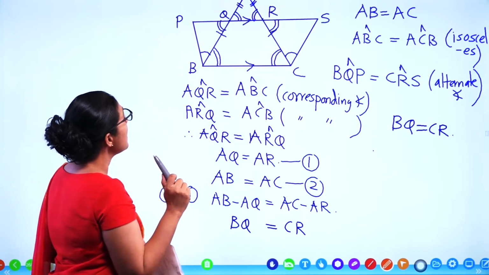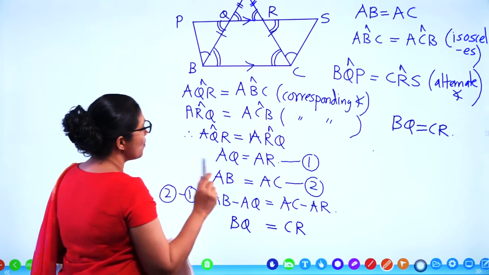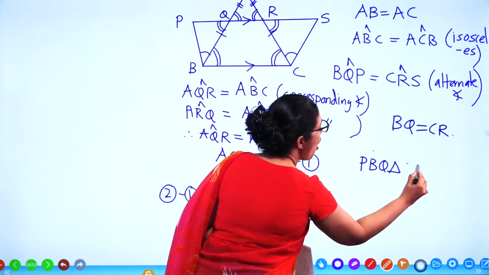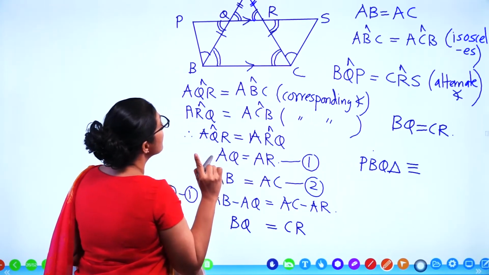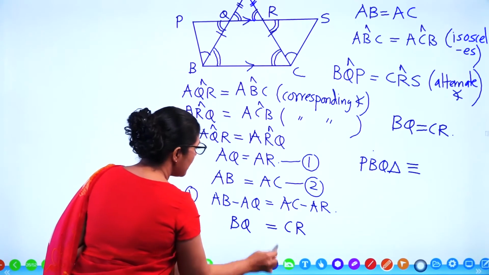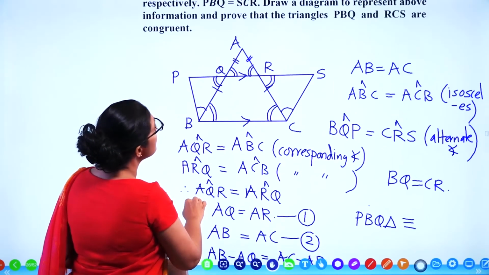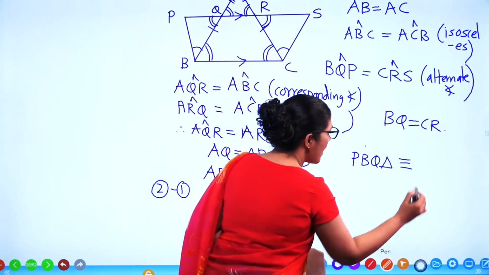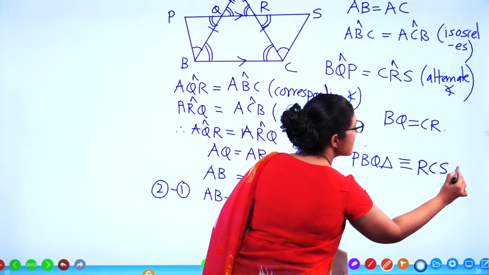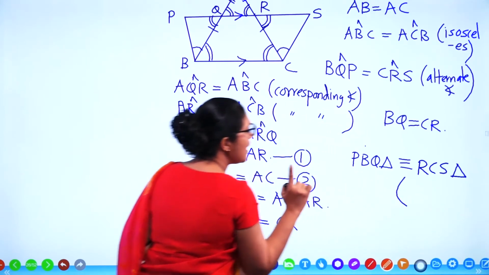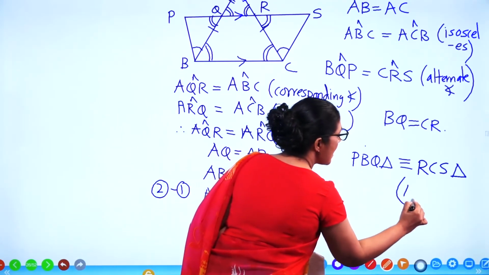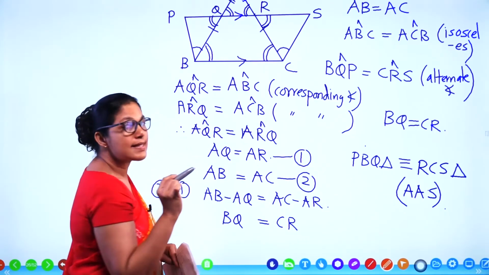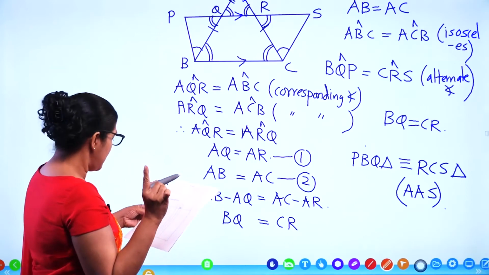So we can say PBQ triangle is congruent to RSC. So what's the given information? That's RCS. RSC or RCS, you can write RCS triangle. What's the case? Two angles and one side. Angle, angle, side. So that's the proof.